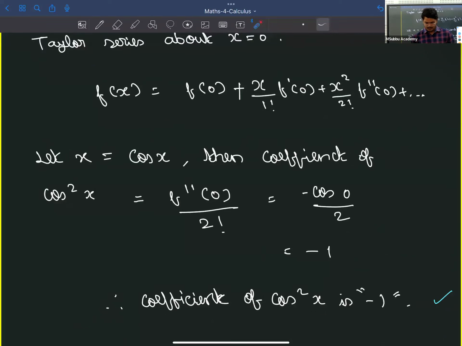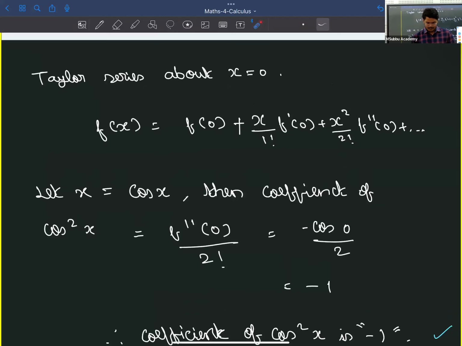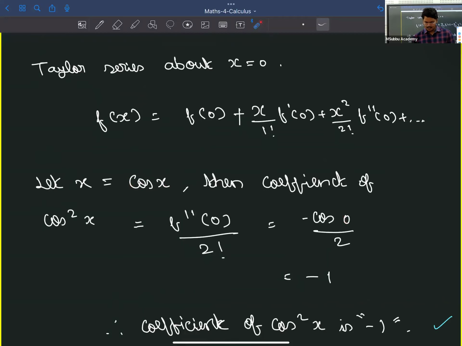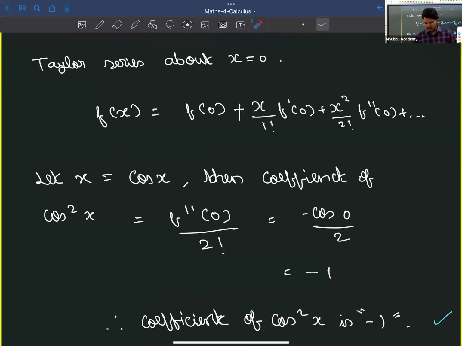So f double dash of 0 is nothing but, sorry, one minute. So f of x is equal to cos x. So directly cos x differentiation: the first differentiation of cos x will give you minus sin x. Again, differentiation of sin x will give you cos x, so that is why we got minus cos 0 by 2.